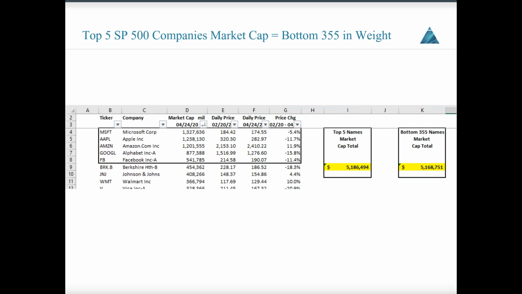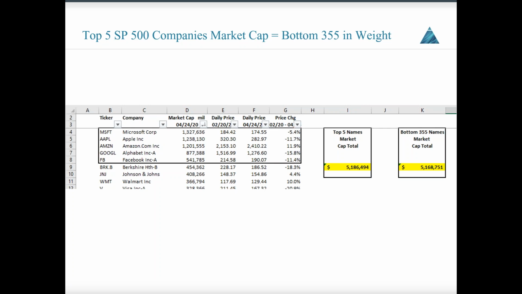And what I want you to do now is just focus on the cells I9 and K9 that are highlighted in yellow. And you'll see that the top 5 names in the S&P 500 also represent, in terms of market cap weight, the bottom 355 names in the S&P 500.